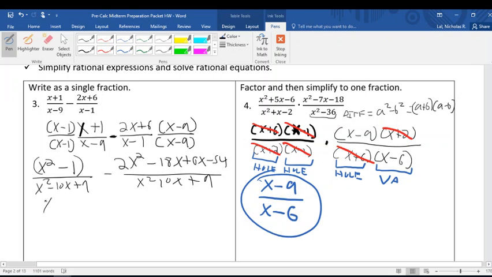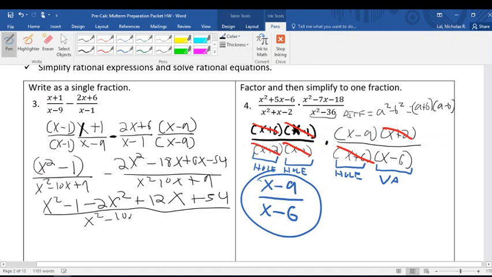You'll have x squared minus 1 minus 2x squared, that's going to be minus 12x, minus negative 12x is plus 12x, minus 54 is going to be plus 54, all over x squared minus 10x plus 9.